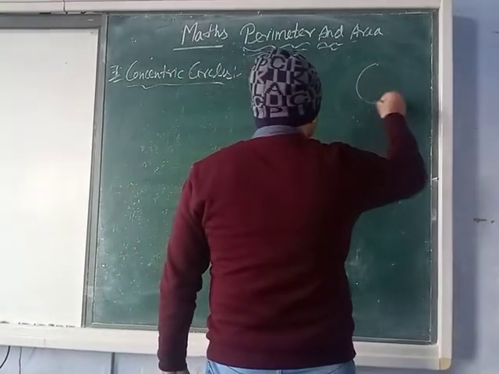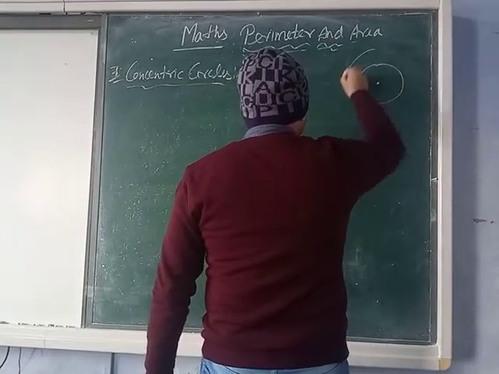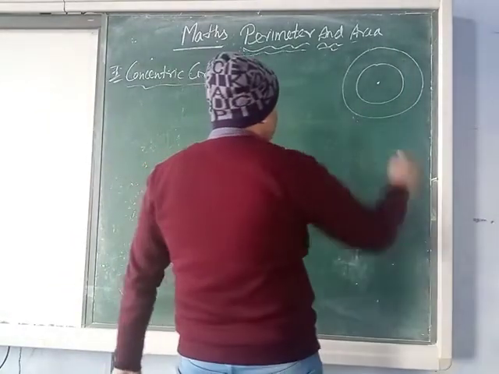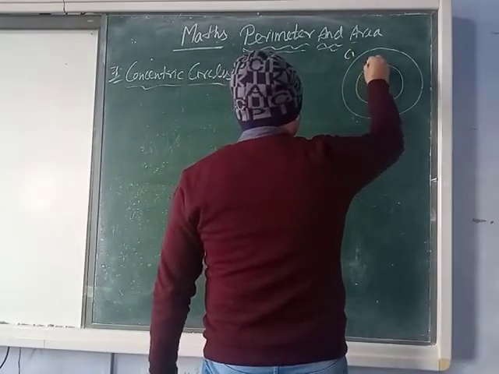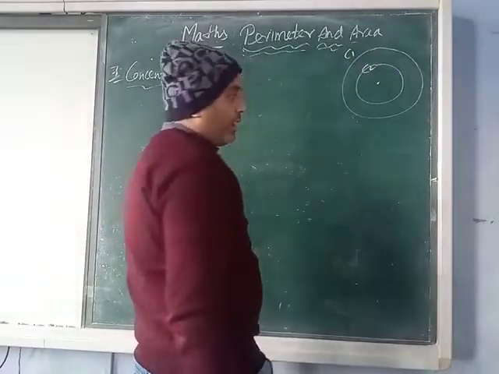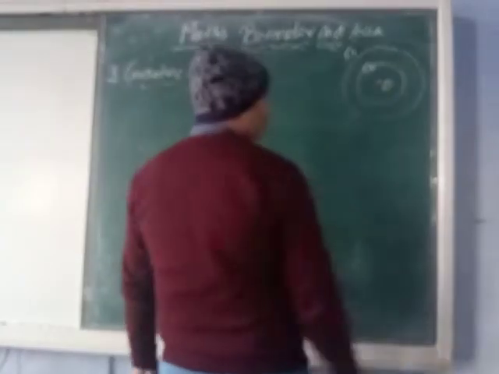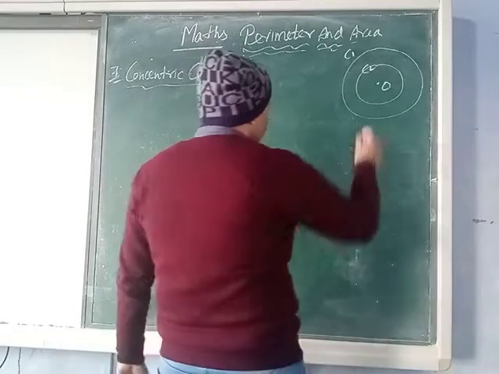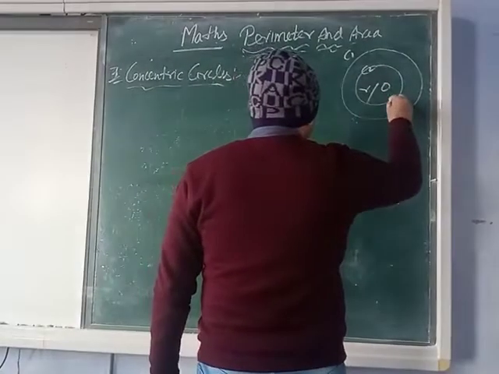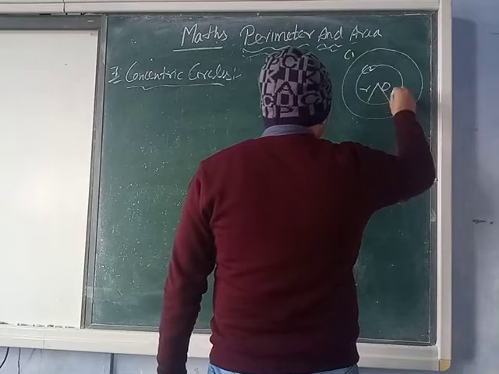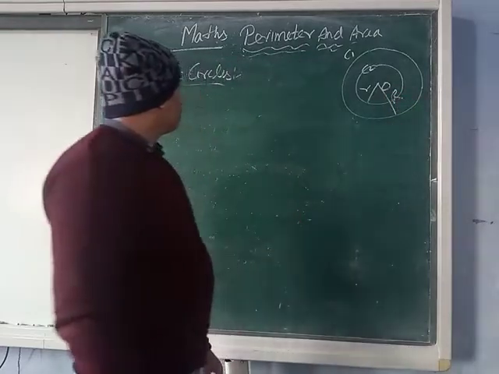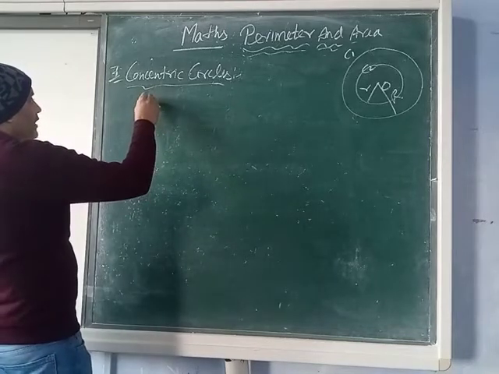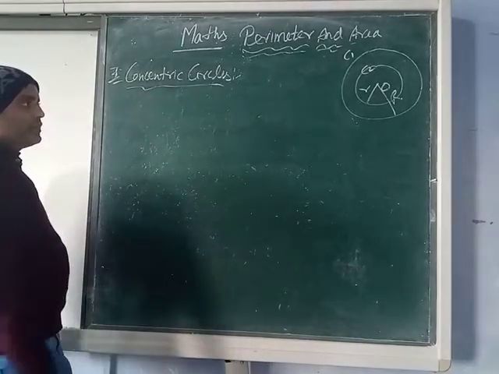Two circles that have the same center. Let this one be C1 and this one C2. Two circles are given and both have the same center, that is O. So different circles have different radius. This radius is smaller r and this radius is capital R.